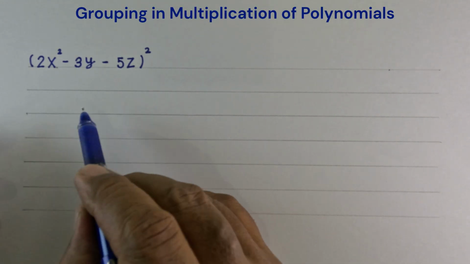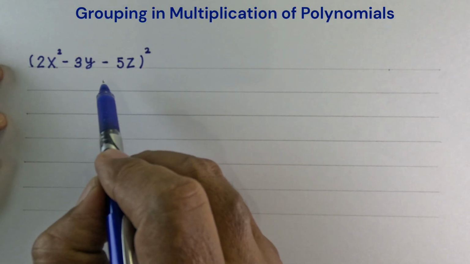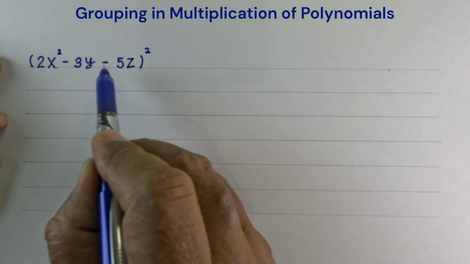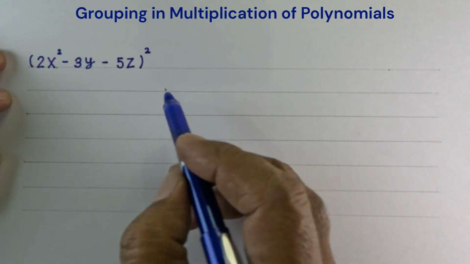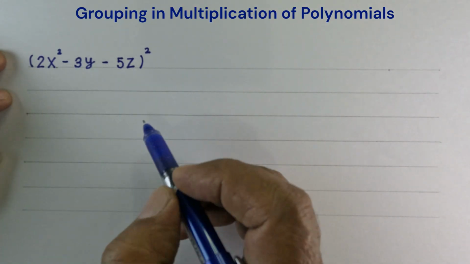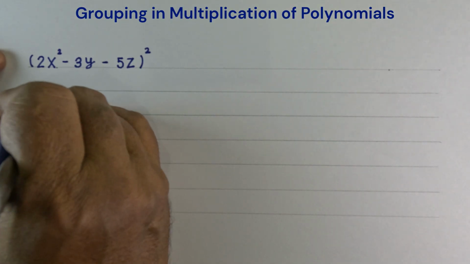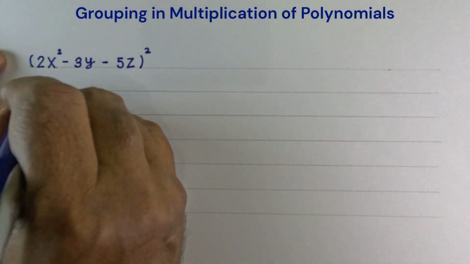Let's expand this square of a trinomial, (2x squared minus 3y minus 5z) raised to the second power. So we're going to do that by grouping. I'll group the last two terms here.